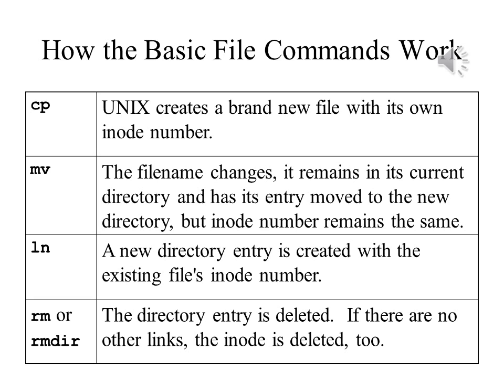So if there are multiple links to a file, as long as there remains one directory entry, the file still exists and the inode number is still in use. If I delete the last link to a file, then it no longer exists. rmdir allows me to remove a directory as opposed to a file.